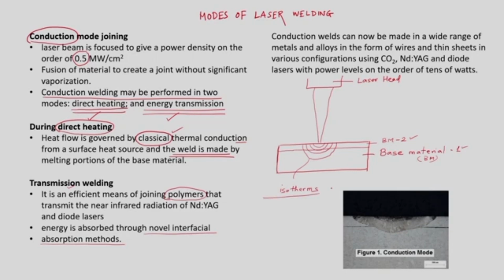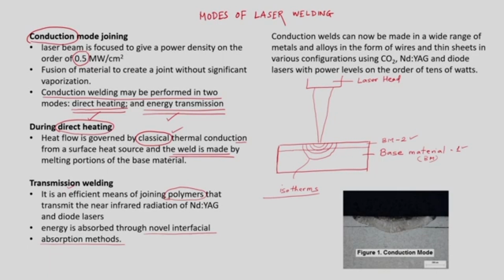Needless to say, the heat energy should generate the melt isotherms. The energy should be enough to melt the materials, but it should not vaporize them. It should not be more than the sufficient level at which the material would vaporize. So when we get melting due to conduction and deposition, that is nothing but the conduction mode of welding.